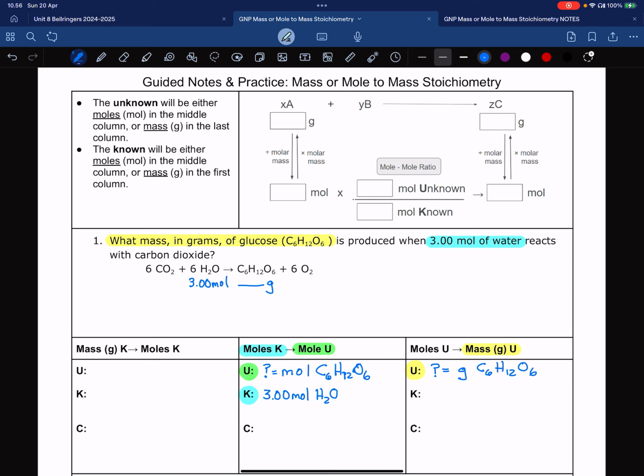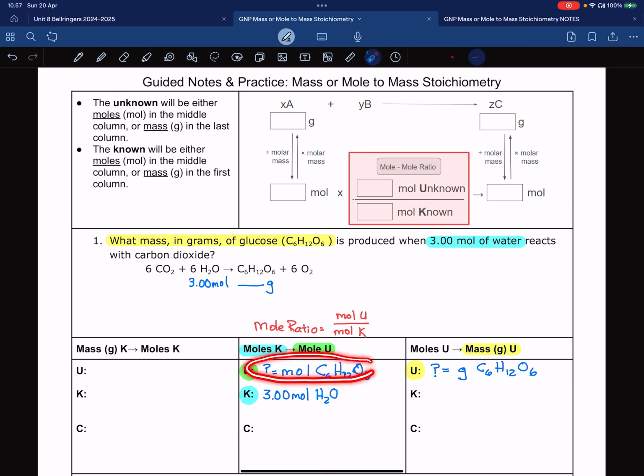And we know from before that whenever you are working in this middle part of the scaffold, you're always going to be working with the mole ratio. Our mole ratio here is moles of the unknown divided by moles of the known. Moles of the unknown, C6H12O6, is there.